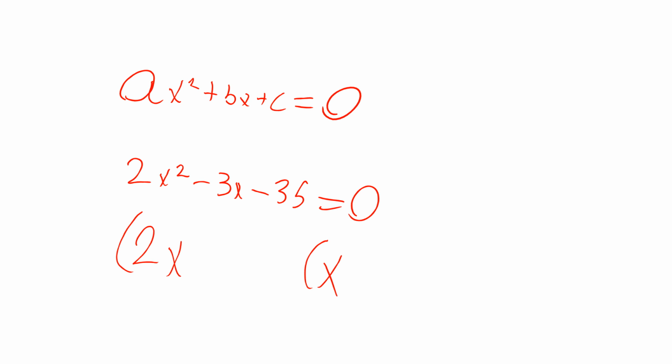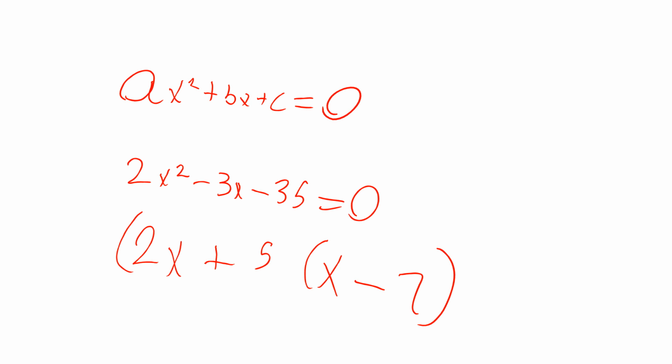But when it comes to 35, we have multiple ways of expressing 35, and we're just gonna have to keep trying. I know we're gonna have a positive and a negative, so we're gonna try positive 5 and negative 7.